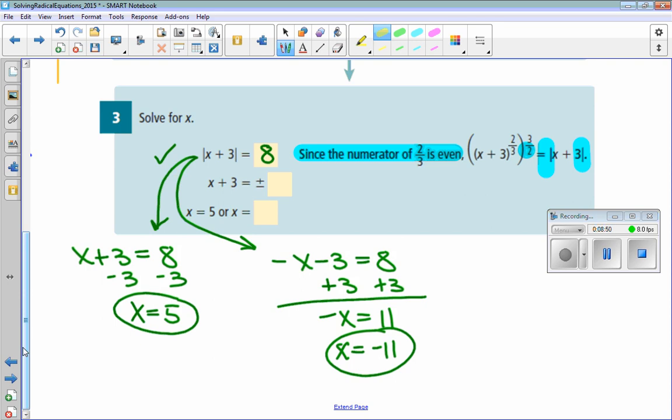And then we should be able to see that it crosses there too. Because when I have an absolute value equation, the first equation is like what you want. The second equation is what's inside the absolute values have the opposite signs. So it does cross at -11 too, doesn't it? So both of these are in fact the answer.